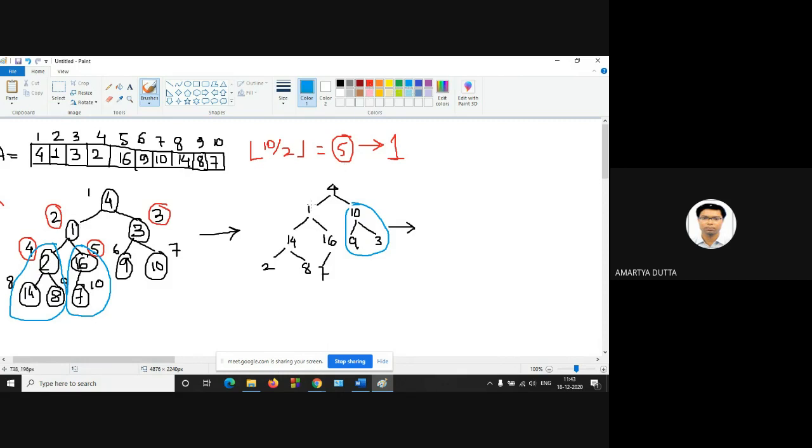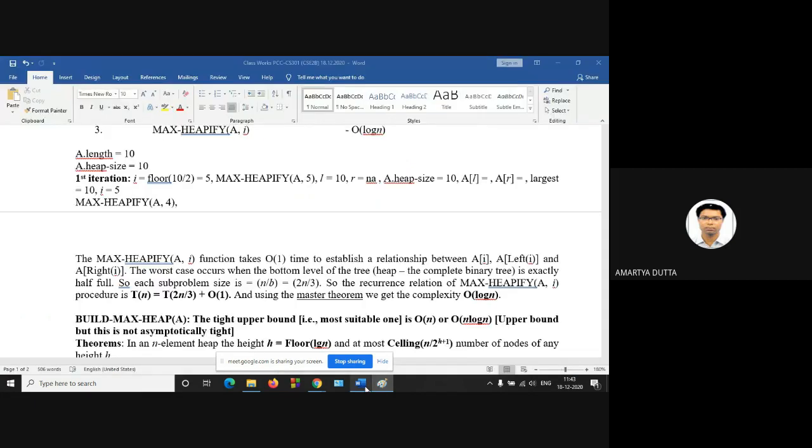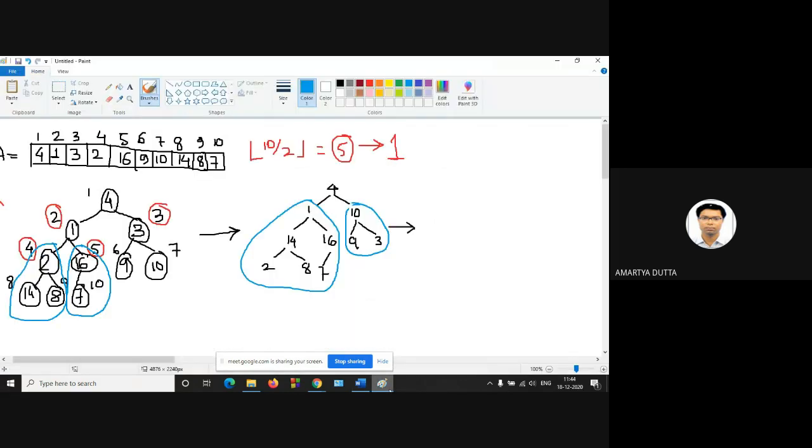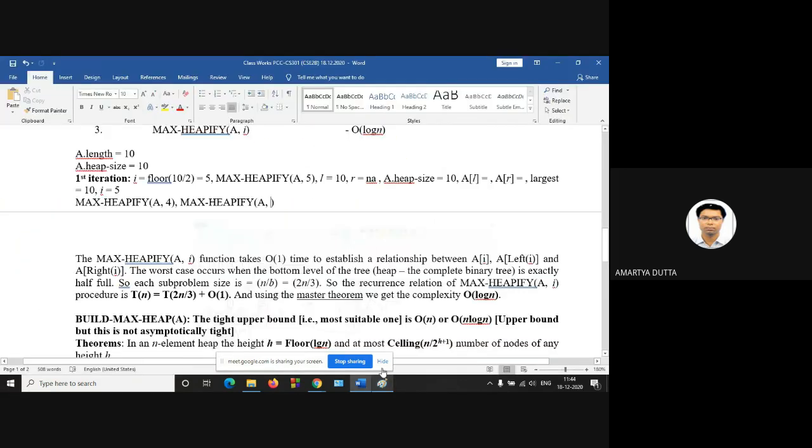Now, is it a heap? No, sir. So you have to replace. Now we have to call max heapify of your array and index number. Here the index number is 2, so max heapify A2.